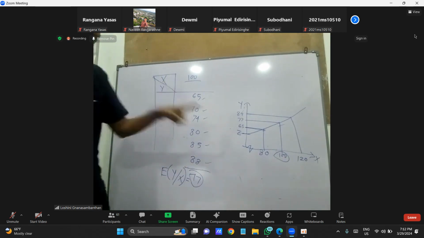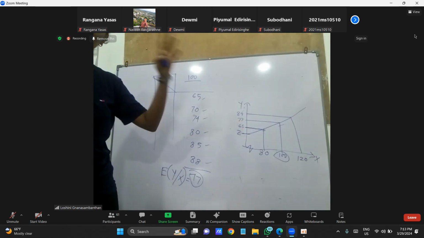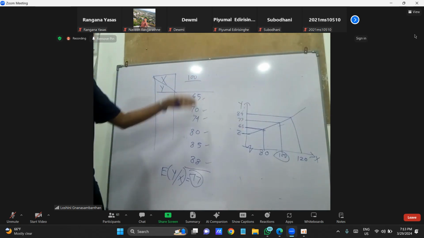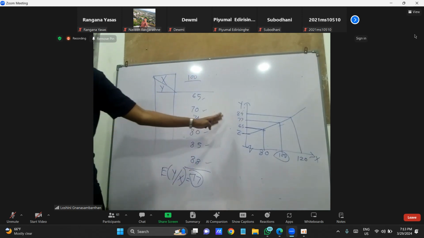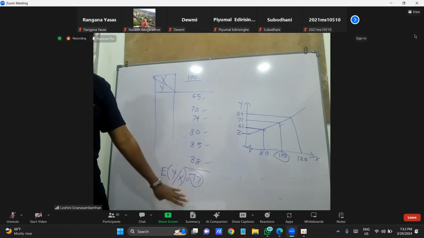So this 77 that we have actually calculated here, the conditional mean, is not there in the raw data. But we have said that this is the approximate value, the mean value.